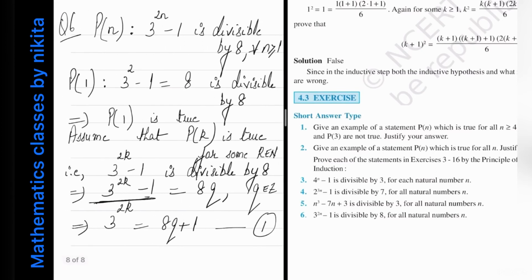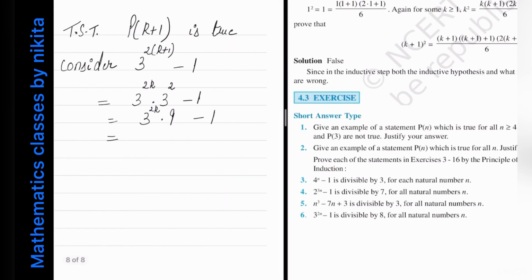So 3 to the power 2k is 8q plus 1. So this is 8q plus 1 into 9 minus 1. So this is using 1.